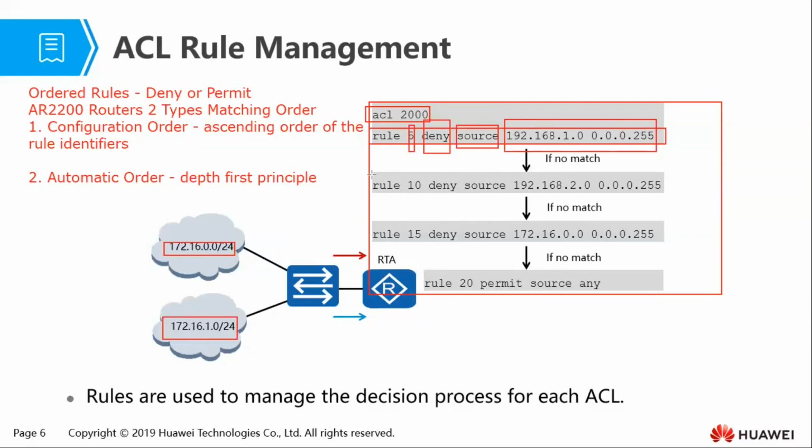So if that rule does not match, then the next rule is going to be evaluated, in ascending order. This one has a rule ID of 10. So from 5 to 10. Again, this one has a deny clause.